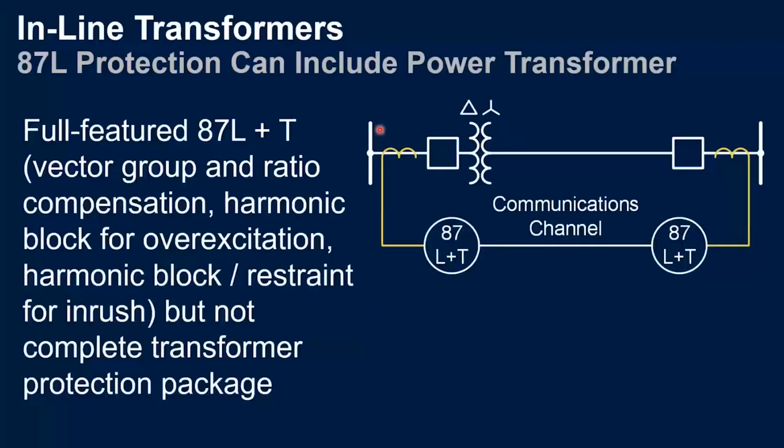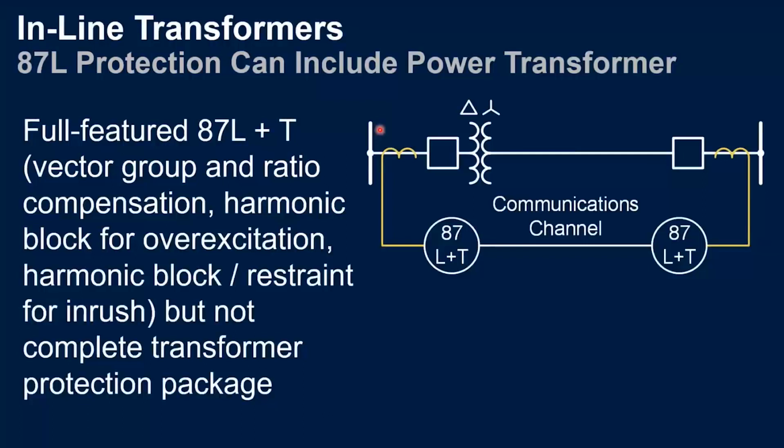Now let's see another case: we can also have transformers inside the protected zone. In this case, what the relay does is it offers a vector group and ratio compensation, also harmonic block for overexcitation, harmonic block and restraint for inrush. These are phenomena typical of the transformer.